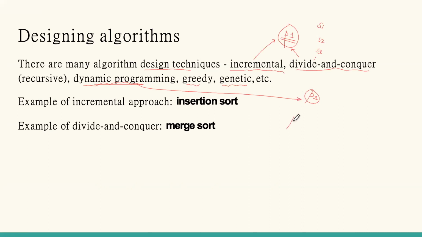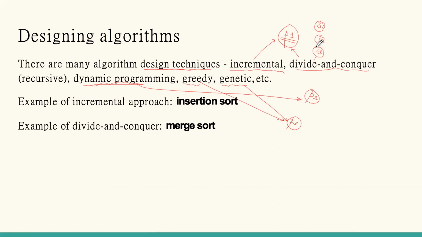Or there may be another problem P3 which may be best solved by a greedy approach or genetic programming. So at the time of designing algorithms, we have these choices to try out various design techniques, and once we guarantee that our approaches all are working, we can then move to doing the asymptotic analysis, right? That is finding out which runs faster and so on.